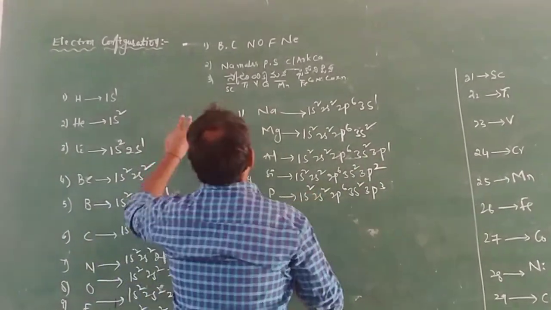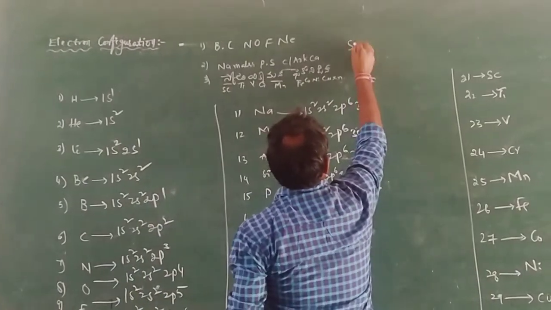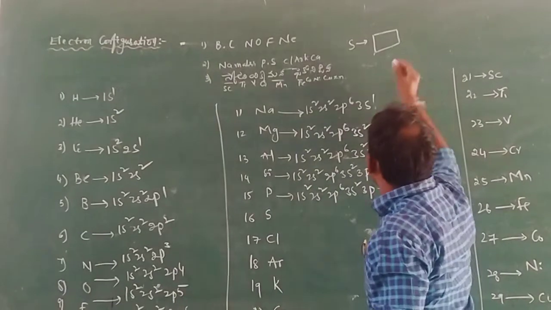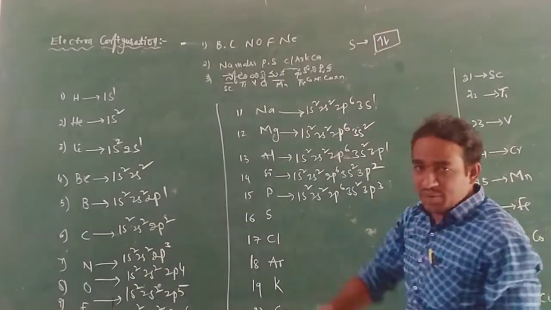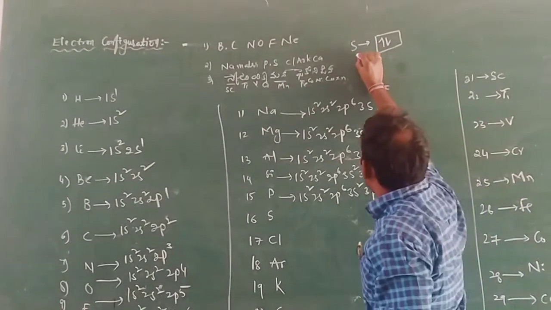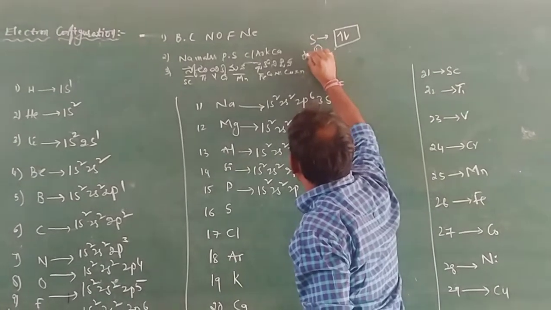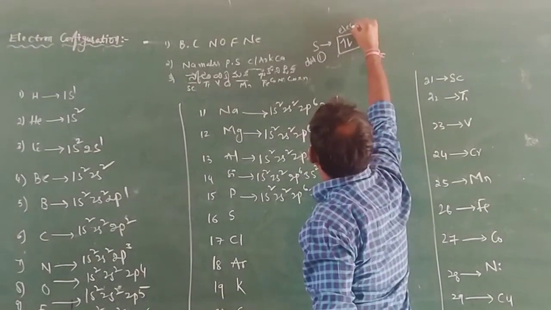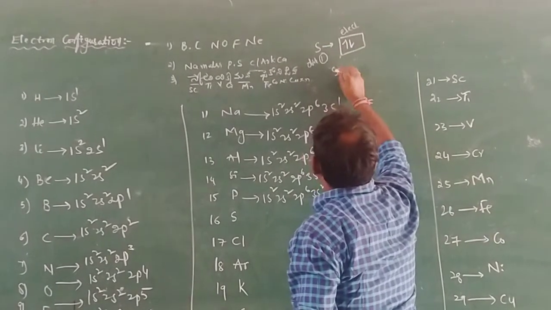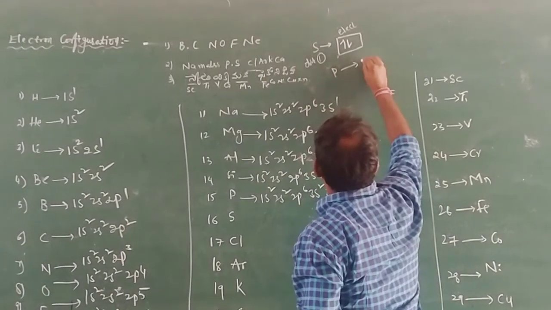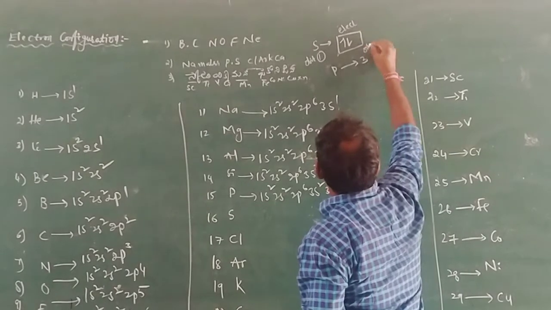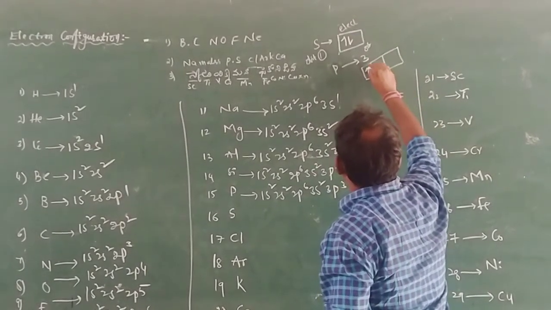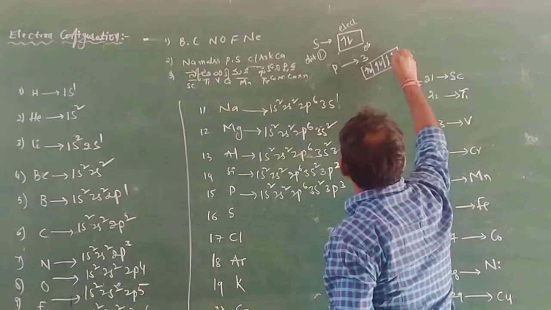How many s orbitals are there? Only one, so the maximum number of electrons is 2. The number of p orbitals is 3, but the number of electrons in p is 6: 1, 2, 3, 4, 5, 6.